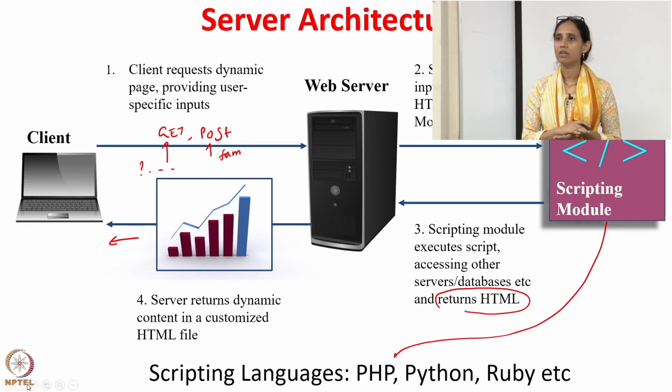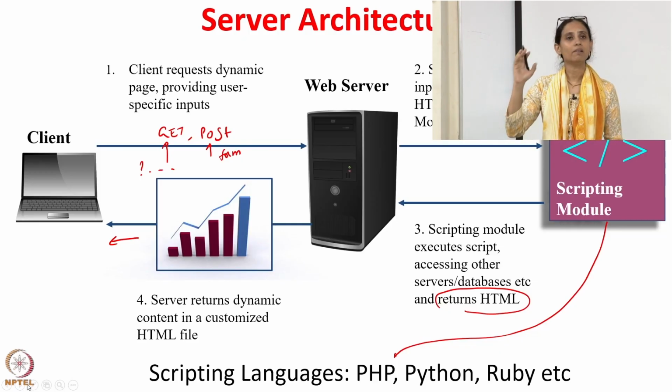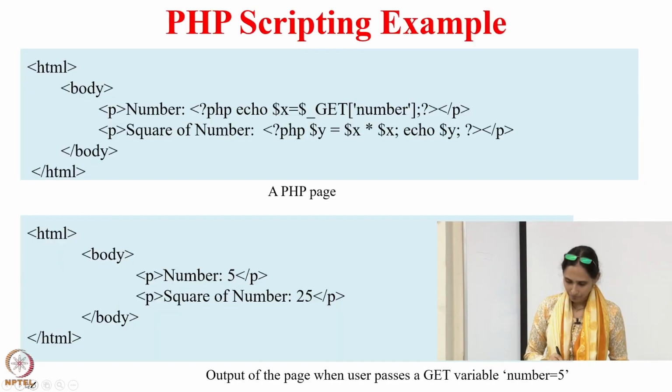The browser will interpret the JavaScript and execute certain things based on what it says. PHP is server side scripting, where it will take the user input, process that input, generate dynamic HTML content, and embed it. It could also generate JavaScript as part of it, but it will embed it as part of the HTML, which gets passed to the client, and the client will execute that. Okay, so that's what is happening here.